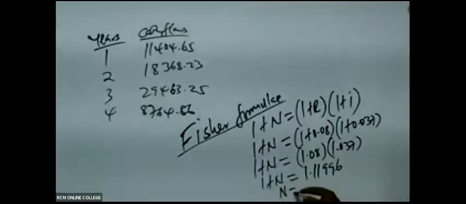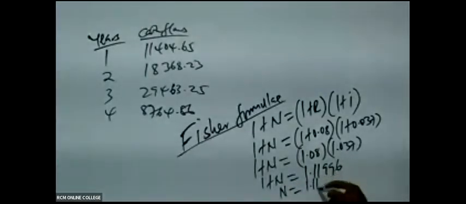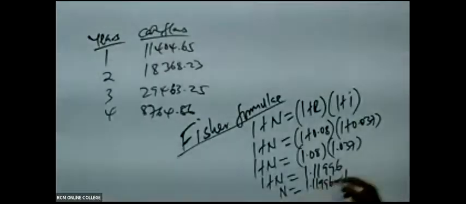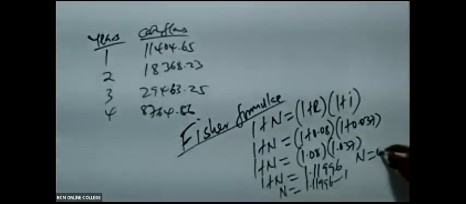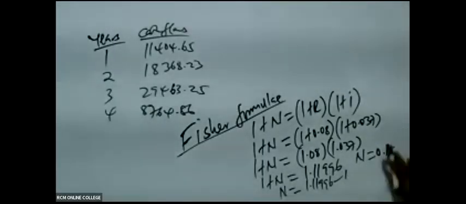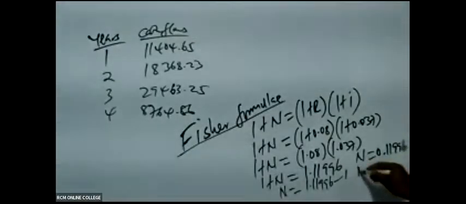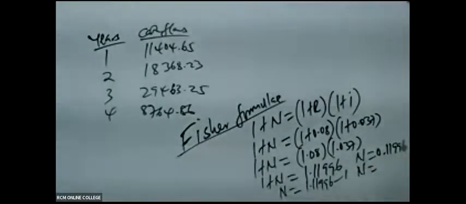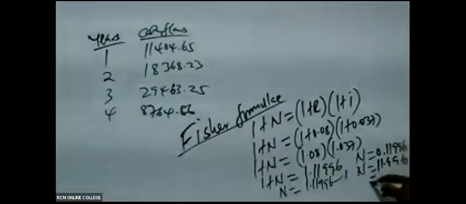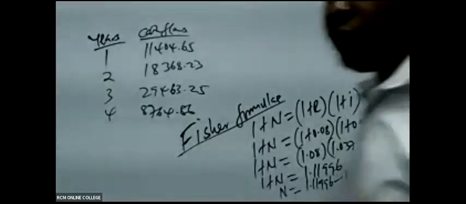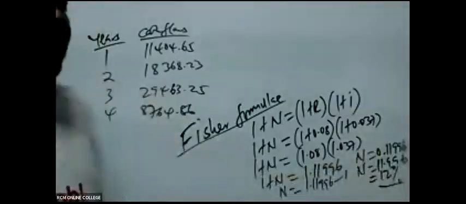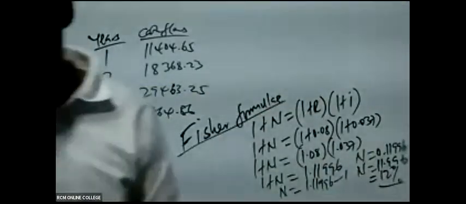So to get your nominal rate, you take 1.11996 minus 1, which is 0.11996. You multiply by 100, that will be 11.996, which is equal to 12%. So the 12% which you have been given there, you can get it through the Fisher's formula.